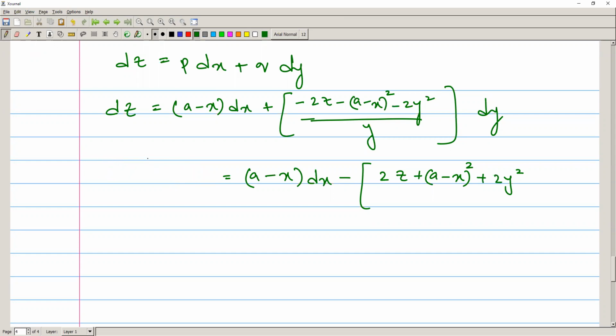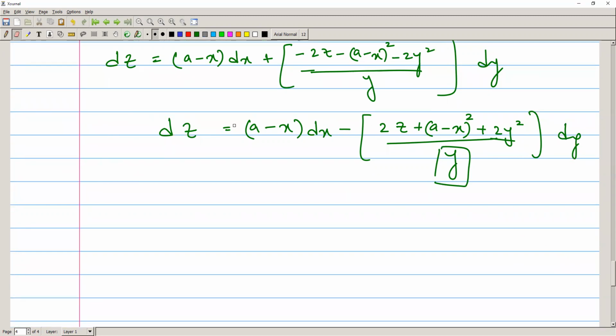Now I will just do one more step. So here it's 2y squared. So I want to shift 1y squared from here. So how can I do that? Because it's divided by y. So if I can break this like y squared plus y squared. So let's do one more step just to avoid confusion.